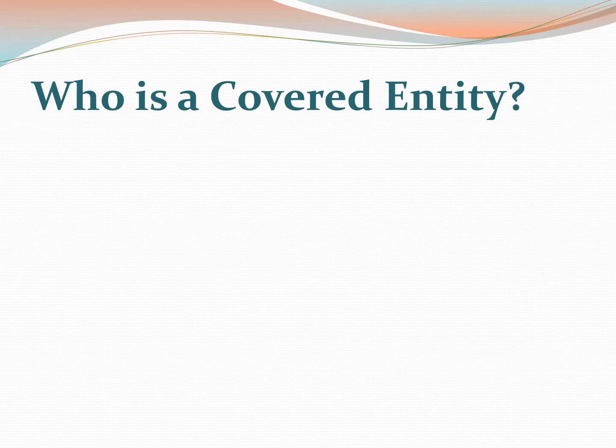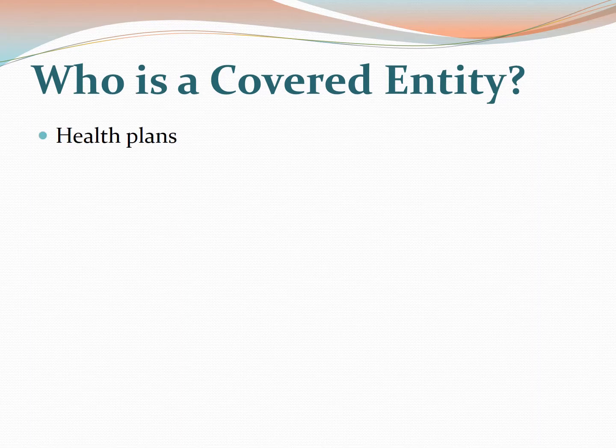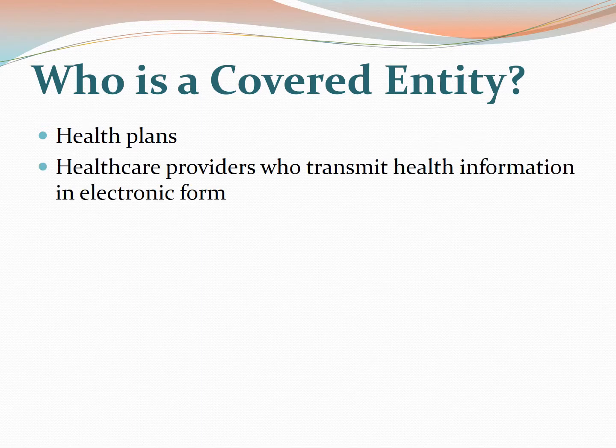So, who is a covered entity? I think we've talked about this in other classes, but it bears repeating because the language in the Code of Federal Regulations does talk about covered entity over and over and over again. So you're thinking, who is that? It includes healthcare plans, healthcare providers who transmit health information in electronic form, healthcare clearinghouses.